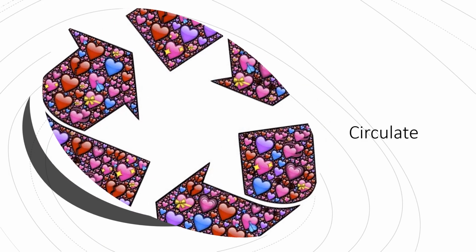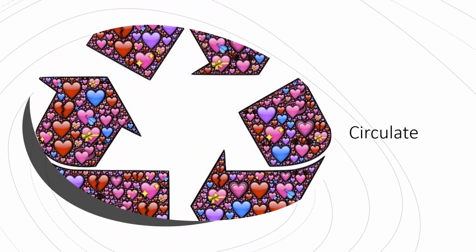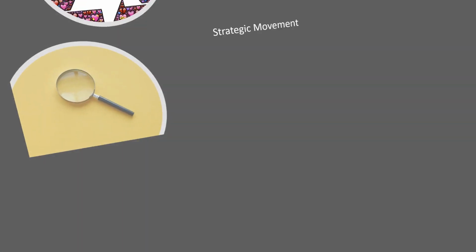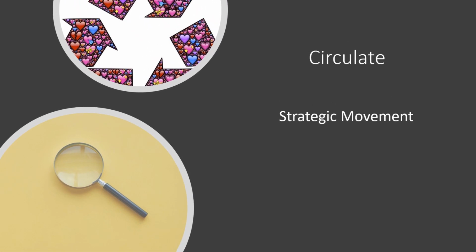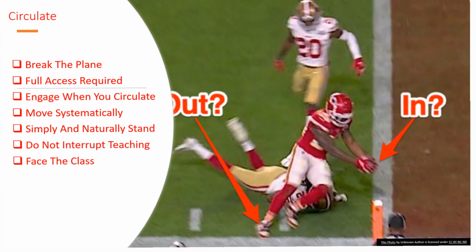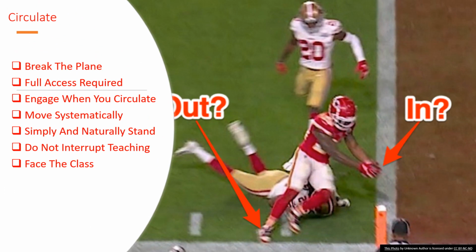The next technique we've come to is called Circulate. Circulate is simply just strategic movement around the classroom. To use this technique effectively, there are several steps a teacher needs to take.